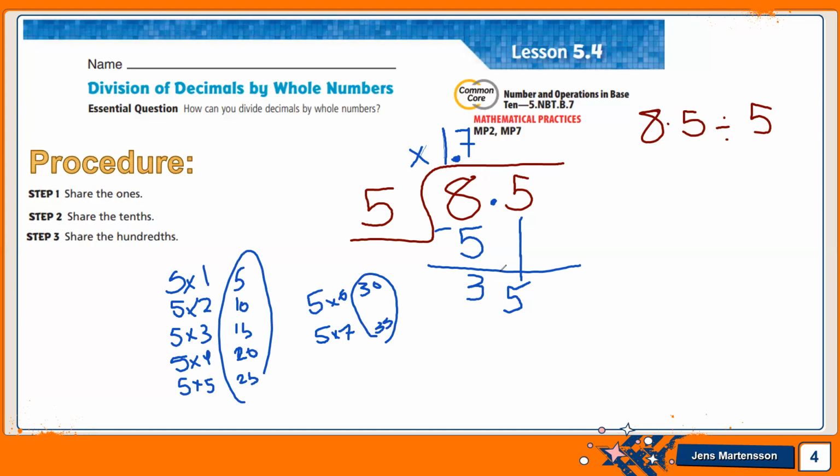So the 35, it is 5 times 7. So I will multiply 7 by 5 to get 35. Then I will subtract, then 0. So after I divide the ones, I will divide the tenths, and if I have hundredths, I will divide the hundredths. So 8.5 divided by 5 is 1.7.